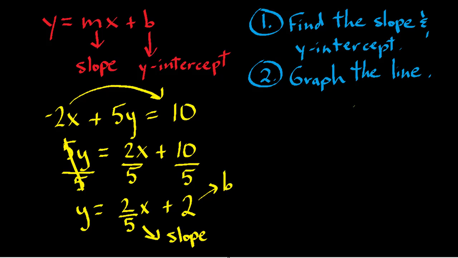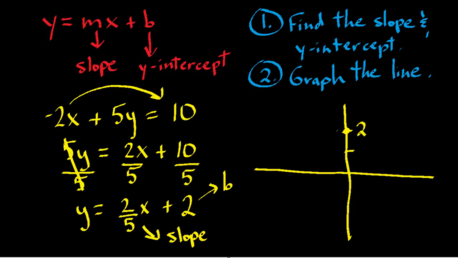So when we go to graph this line, we'll plot the y-intercept, and we need to rise 2. So we'll be up here at 4 now.